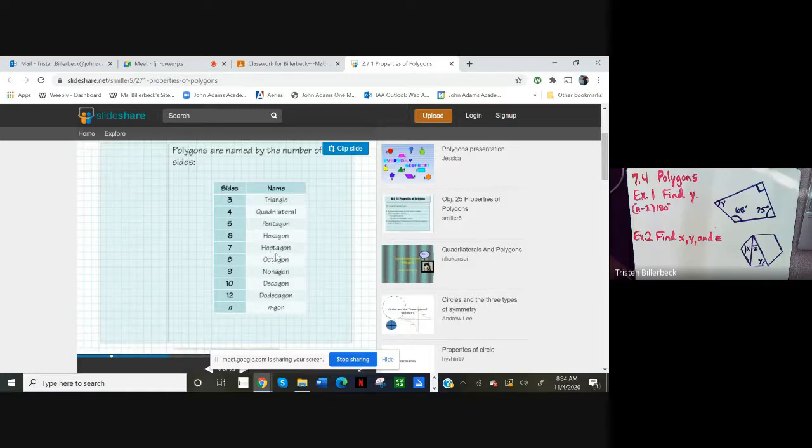Octagon is eight, like an octopus has eight legs. Octagon, eight angles. Nine is nonagon.